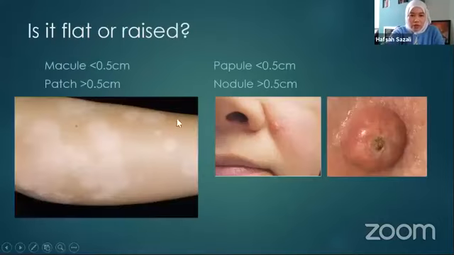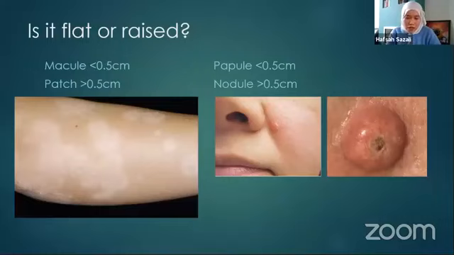So the first question you have to ask is, is it a flat or raised lesion? When I say lesion, the dermatologist would usually refer to a solitary lesion or just a few different lesions, but this will also cover the rash or eruption on the body.